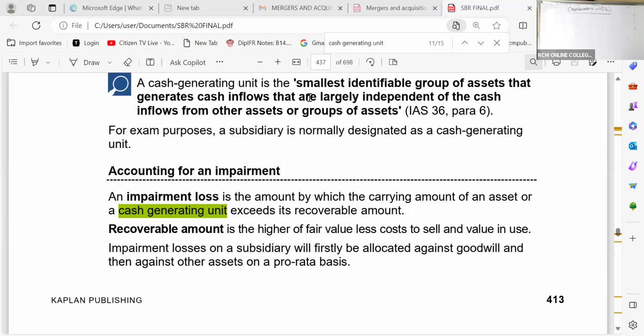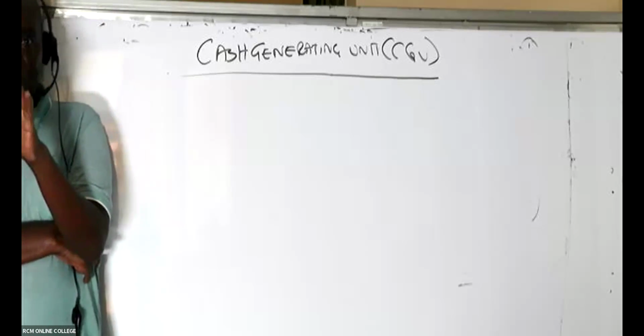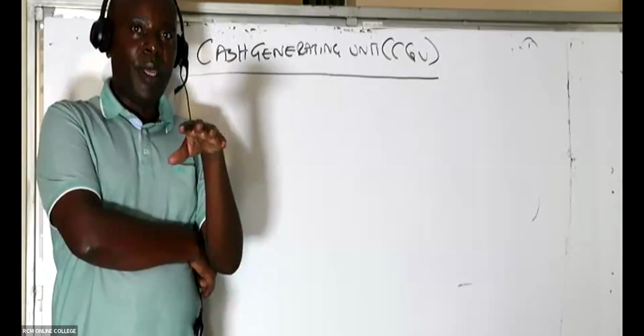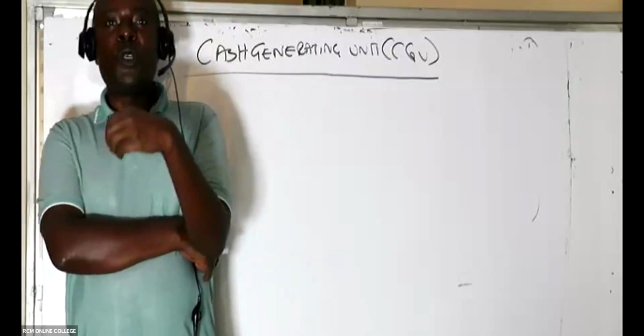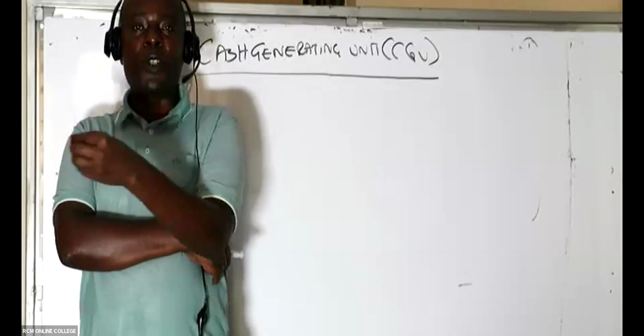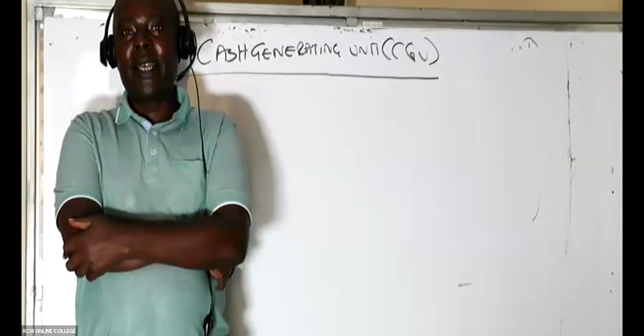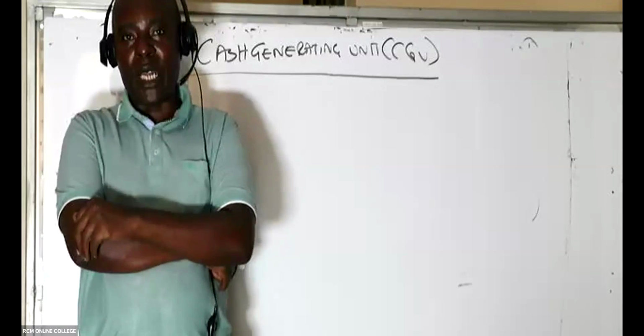Now, ladies and gentlemen, assuming that I was to be taken as an asset of RCM, will I be able to generate cash flows from this AFR class if I don't have another asset called a laptop?